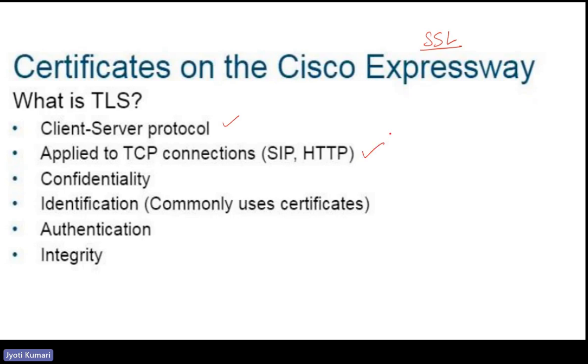So we can create secure SIP and secure HTTP communication. It provides confidentiality. It provides identification, commonly using certificates for that, which we will see here, and it provides authentication and integrity. So these are the features of TLS.